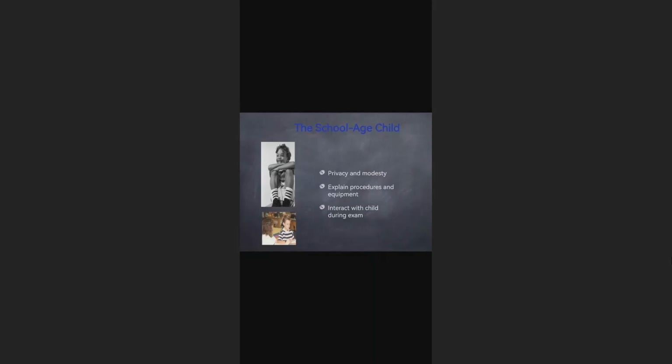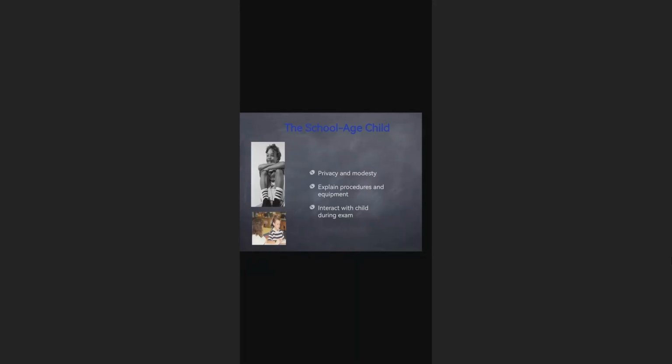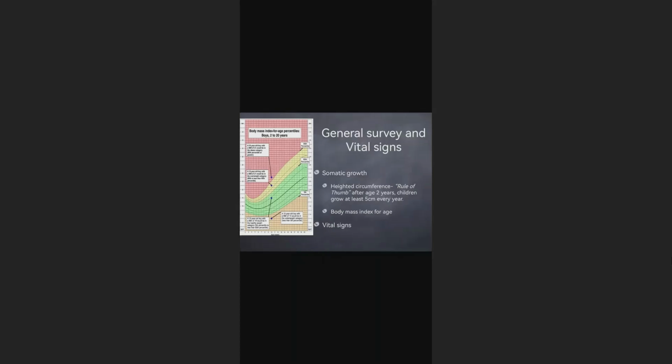How you elicit the history is a challenge for pediatric patients. So we do the general survey and we check the vital signs. Always, and very important, are the anthropometric measurements. We always check the height and weight of the patient, regardless of whether it's a neonate, an infant, a school age, or an adolescent.